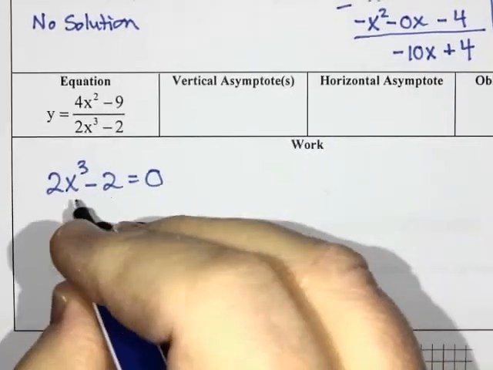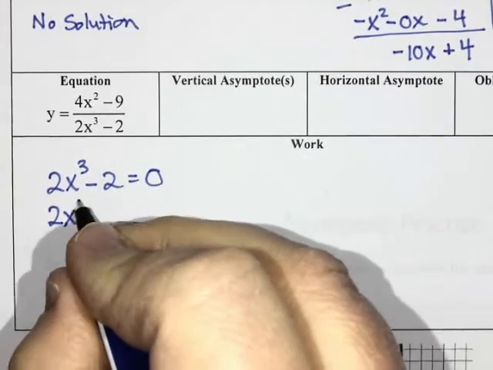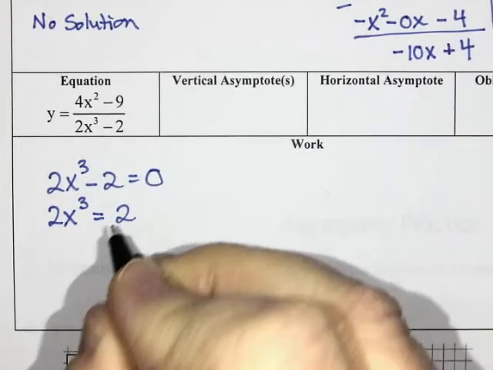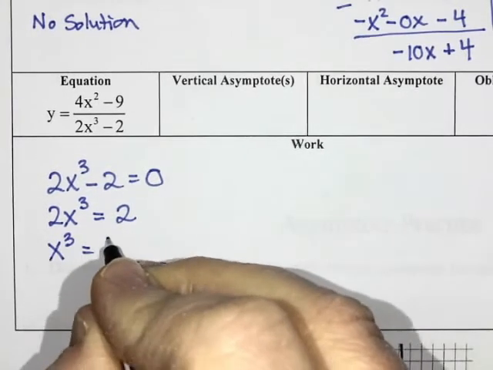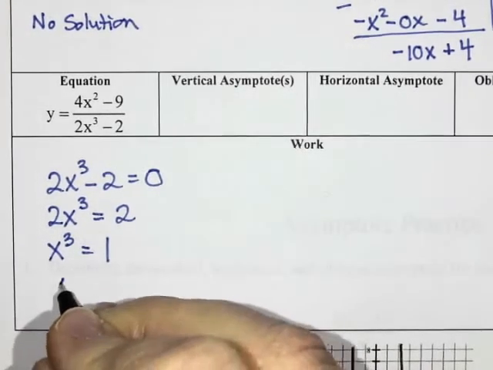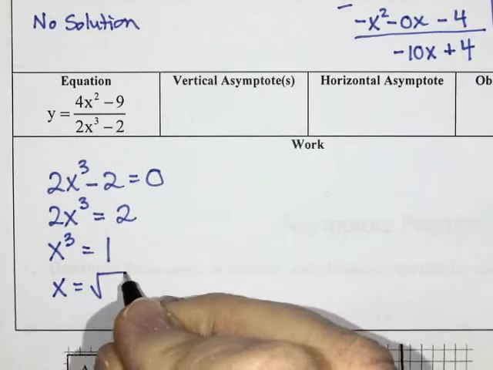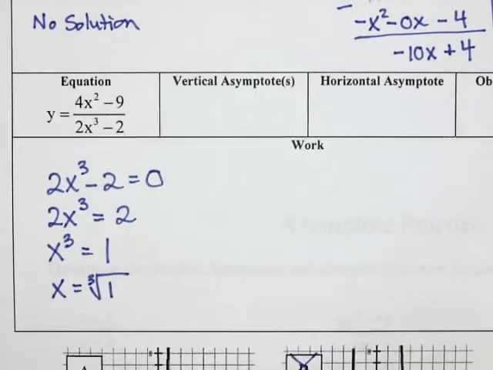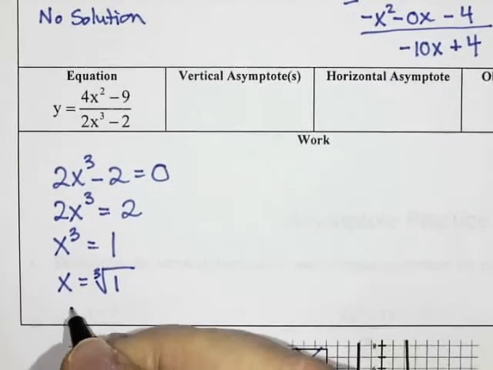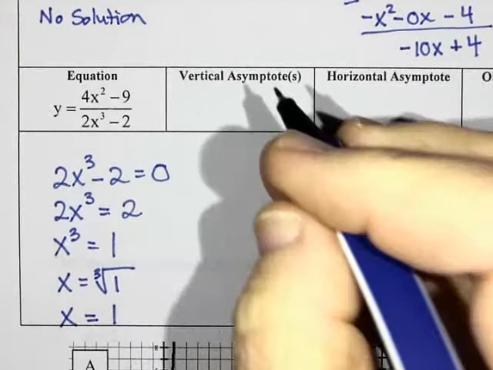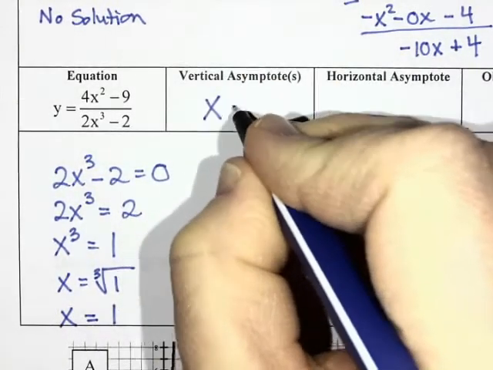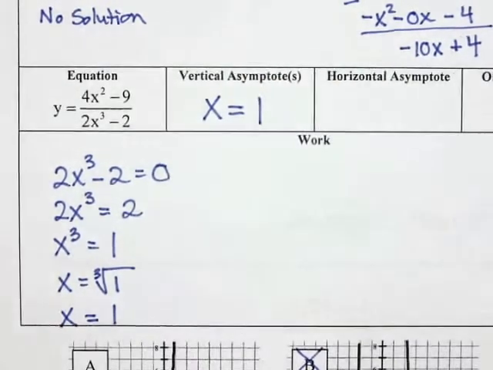So I'm going to subtract 2 from both sides to get 2x cubed equals 2. I'm going to divide by 2 to get x cubed equals 1. And then cube root. Do I need to do plus and minus on a cube root? Nope, it's an odd numbered exponent. So it's just x equals 1, which means there is a single vertical asymptote at x equals 1.